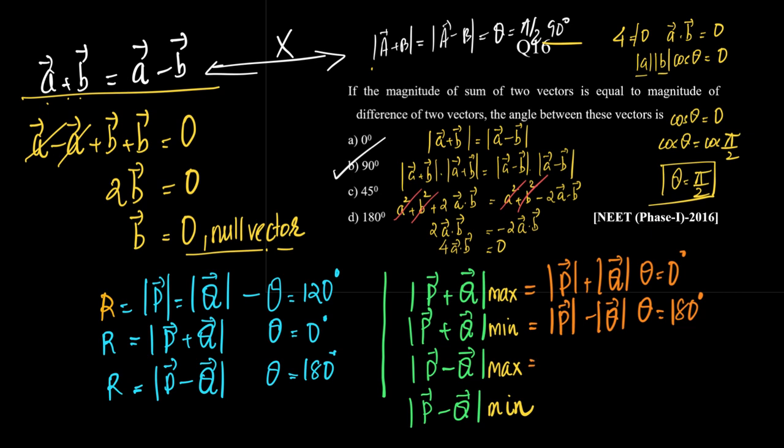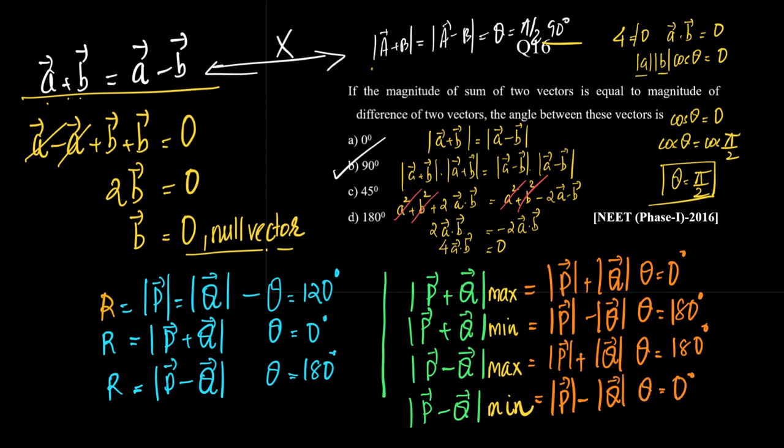And mod of vector P minus Q is maximum, and this time it's equal to the sum of individual magnitudes of these vectors, and this happens when theta is equal to 180 degrees. And mod of P minus Q assumes the minimum value, which is equal to the difference of these magnitudes, when the angle between them is 0 degrees.